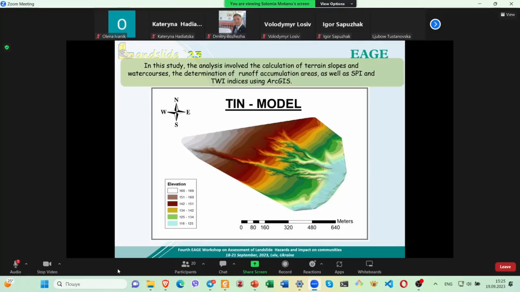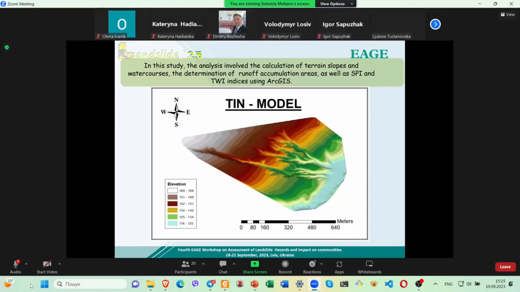We used the digital elevation model, hydrographic networks, and topographic maps to vectorize and build the digital elevation model in ArcGIS software. You can see this model.